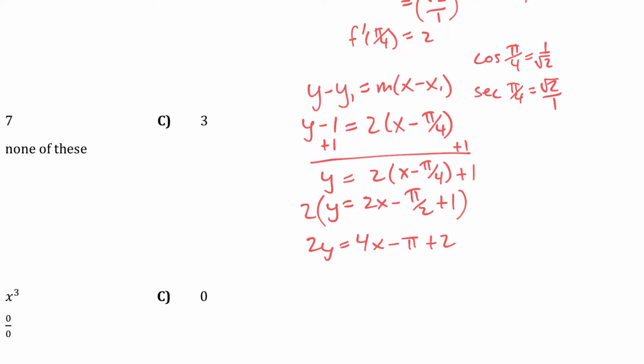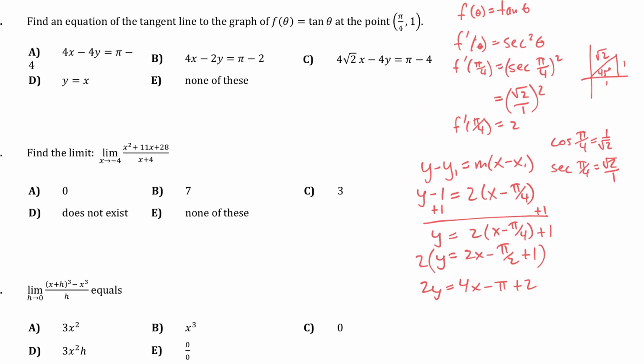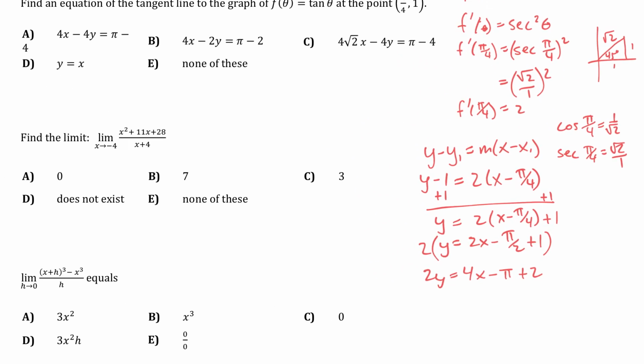And so far, what we can see is it kind of looks like one of our choices here. I can see the 2y, and I can see 2y right here. It looks like that would be our only choice right there. And let's see if we can just kind of move things around here.